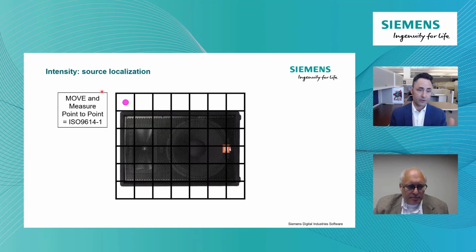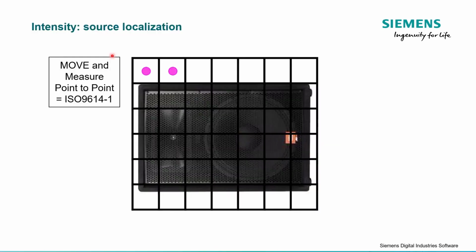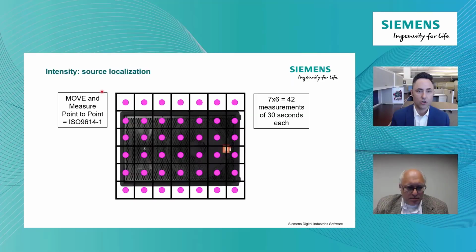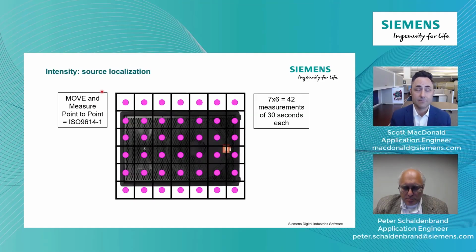Before, I spent 30 seconds scanning over the whole thing; now I'm spending all 30 seconds in just that top left grid point. Then I take another measurement at the next grid point, and so on until I've taken all of these measurements, and I've got a total of 42 measurements. So I've taken 42 times as much data as I did in the scanning method.